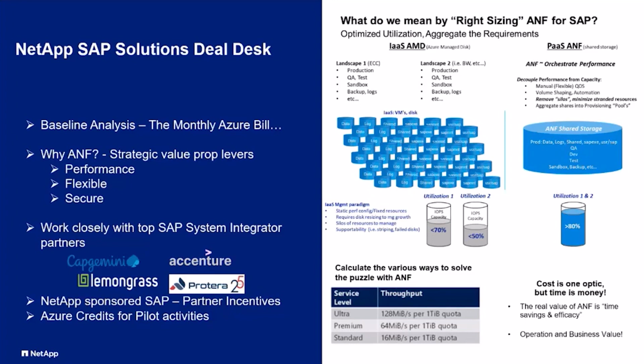So that means that these partners, when they deploy SAP in Azure, at a point in time, we take a measurement of the number of terabytes and we give them a partner kickback of 2% of our value of the solution. So again, this is incentivizing our big SIs that are going out there and architecting and deploying SAP to do it using Azure NetApp Files.